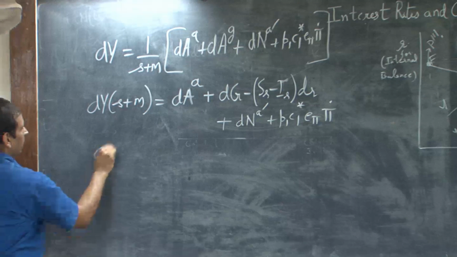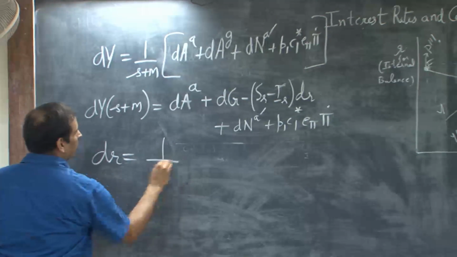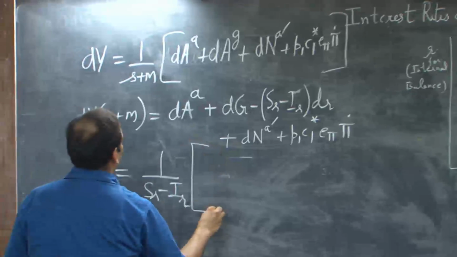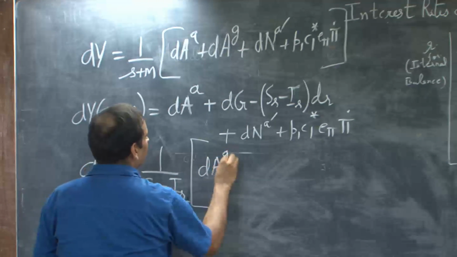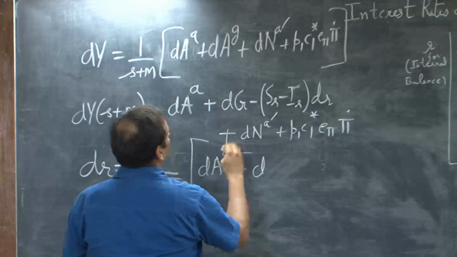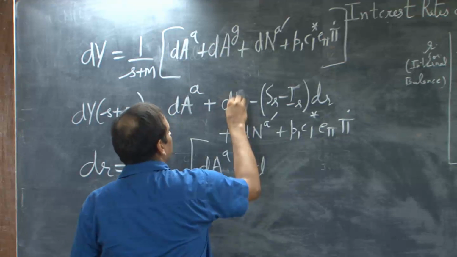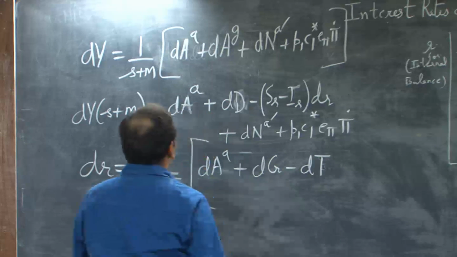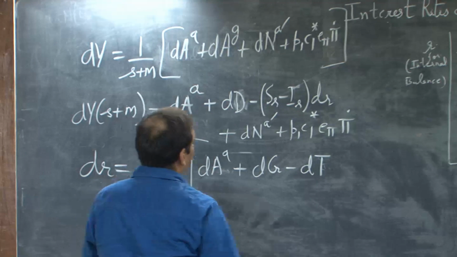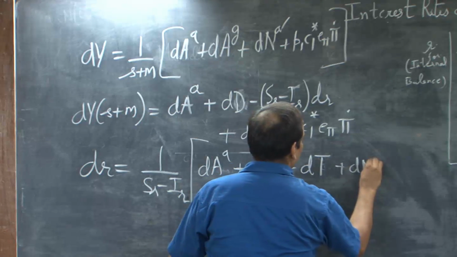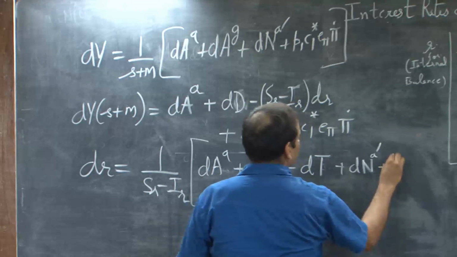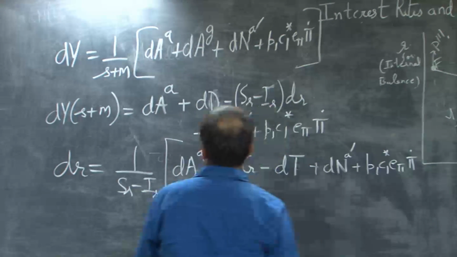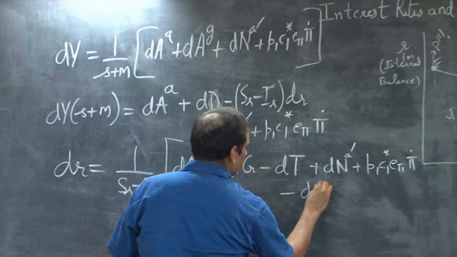So then dr becomes 1 upon sr minus ir times daa, this is dd, so this is dg minus dt, plus dna dash plus p1 c1 star e pi pi dot, minus dy s plus m.